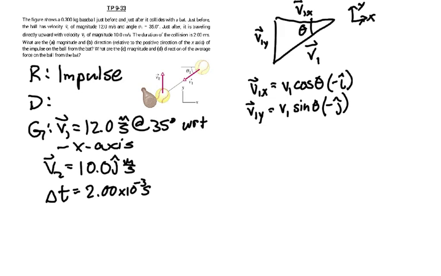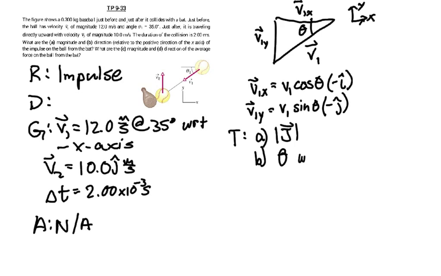So for our assumptions, we don't have any for this problem. But for our tasks, we have quite a few. First one is to find the magnitude and angle of our impulse vector, and that angle is with respect to the positive x-axis.